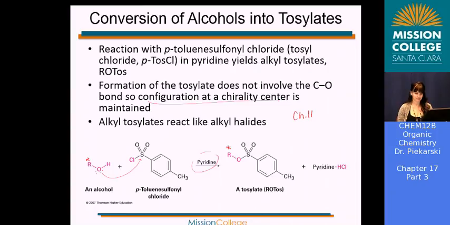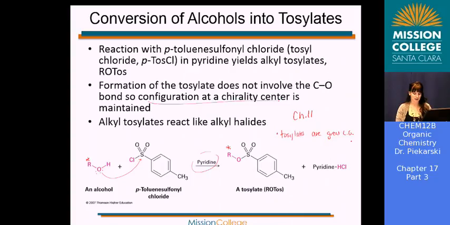Although in Chapter 11 we talked about reactions of alkyl halides, you can also have alkyl tosylates. They behave very much the same way as alkyl halides, and that's because tosylates are fantastic leaving groups. They're actually even better than halogens.